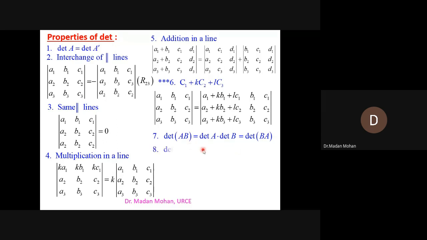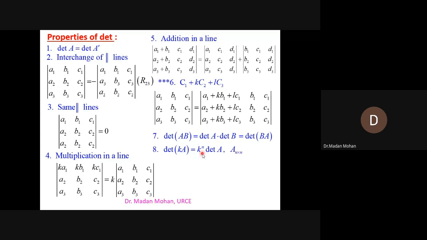Next. Det KA equals K power n into det A, where A is of order n. Please observe, K into A means all the entries of A are multiplied with K. It's a determinant, K power n det A. The reason: from the first row take K common, from the second row also take K common, the third row take K common, like this from the nth row also take K common.